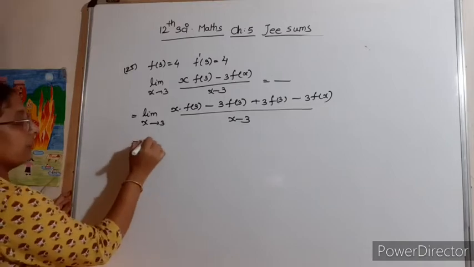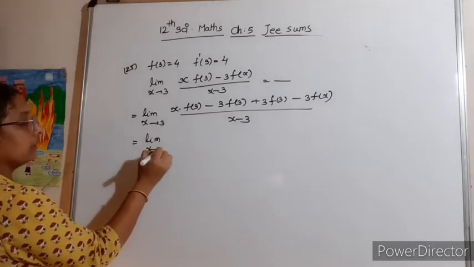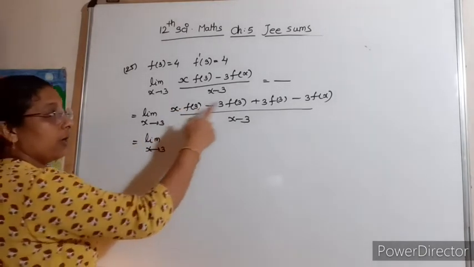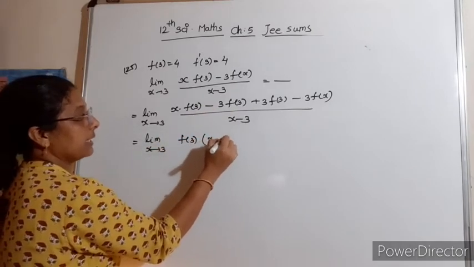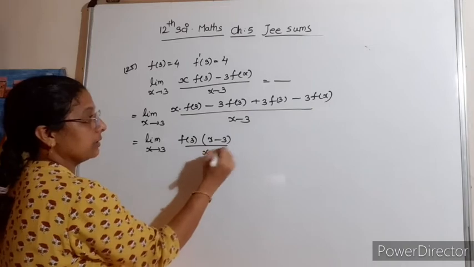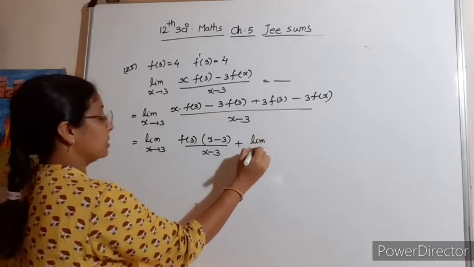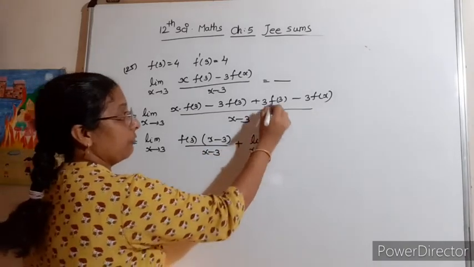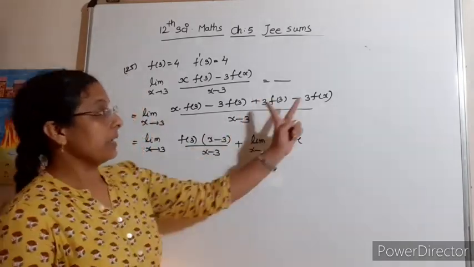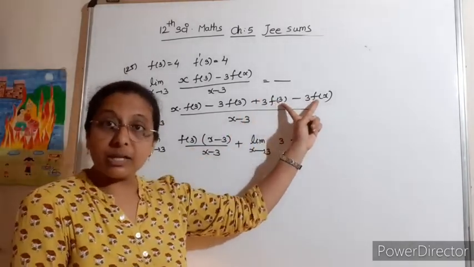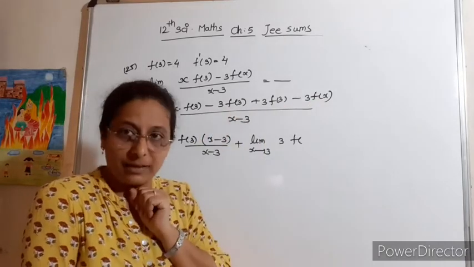So that is equal to limit x tends to 3. Whatever is common here, f of 3. So in the bracket it is x minus 3 plus limit also we will separate. What is common? 3. I will here f of x minus f of 3 चाहिए अगर आपको फॉर्मूला अप्लाई करनी है तो.